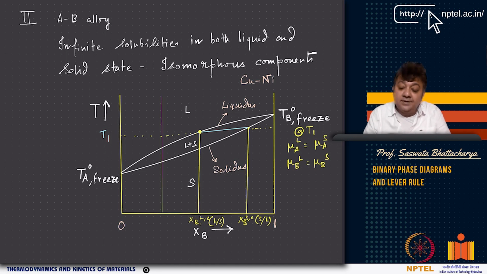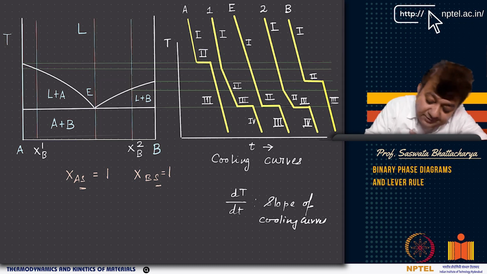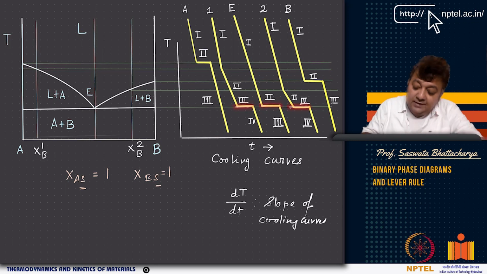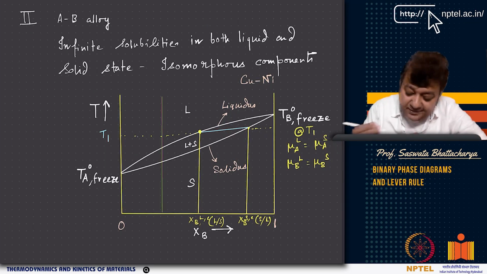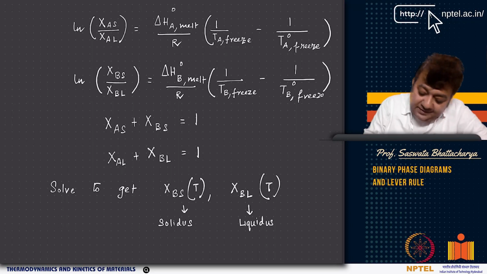Now, remember that when this liquid to solid transformation took place here, for example, liquid plus A, the remaining liquid will completely go to B, and that is where you saw these horizontal segments in the cooling curve. Now here how will it happen? We will require to see. One thing, XAS plus XBS will be equal to 1 and XAL plus XBL equals 1.